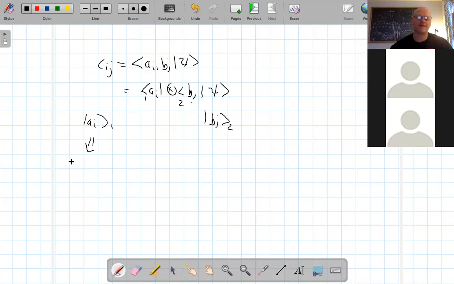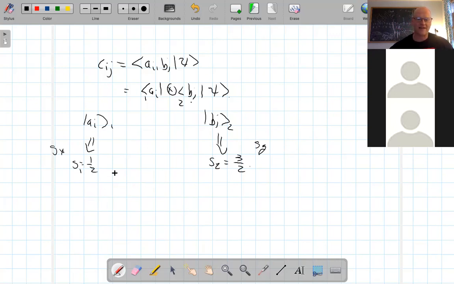This may represent a spin 1/2 particle, where this one could represent something like a spin 1 particle, spin 2 particle, spin 3/2. It doesn't matter. So these don't have to be in the same basis. They don't have to have the same spin. This one may look at the SX components, where this one is looking at the SZ basis. It doesn't really matter. So they don't have to be the same.